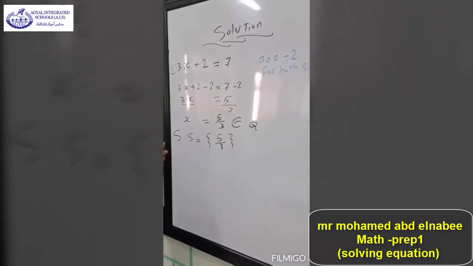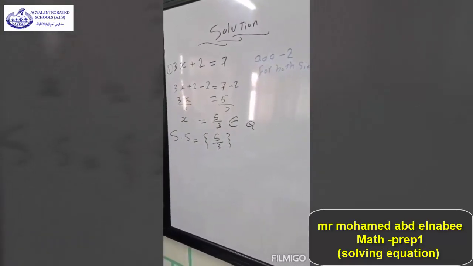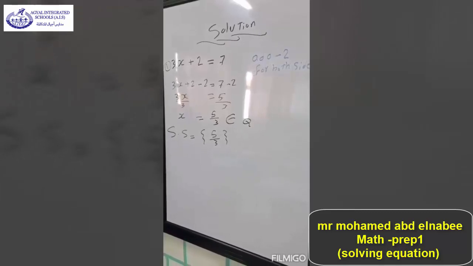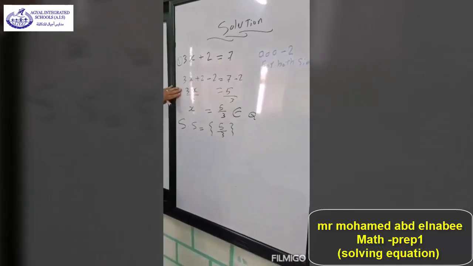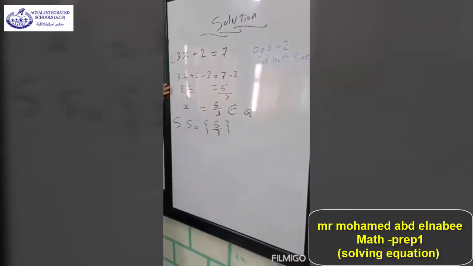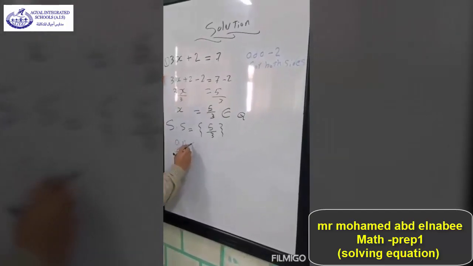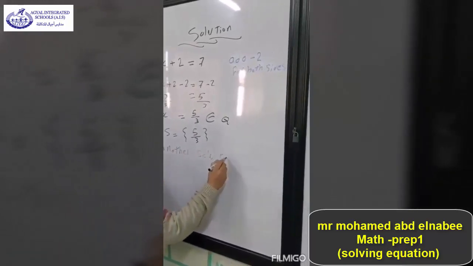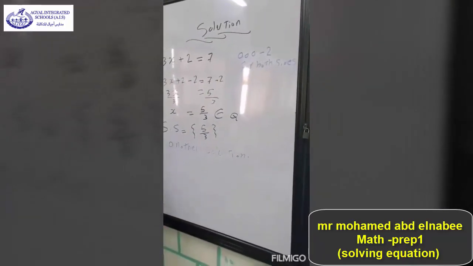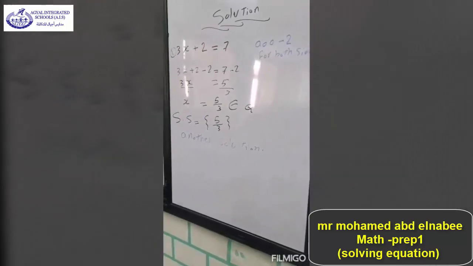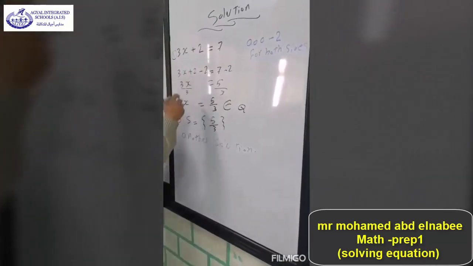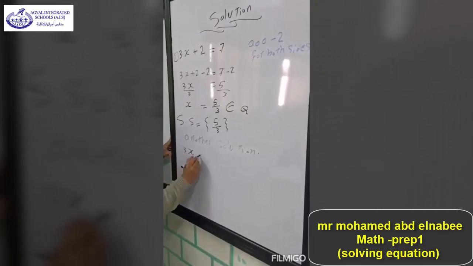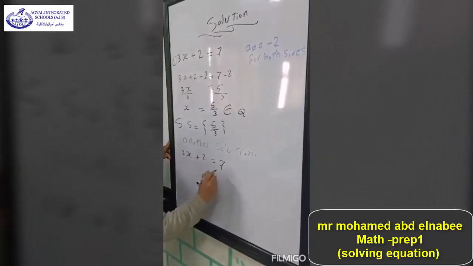Now we start to study another method. I said at the first, we take two methods. This is the hard one. I know it's hard for the students, but we must know it. Now we take another solution for the same problem, 3x plus 2 equals 7.